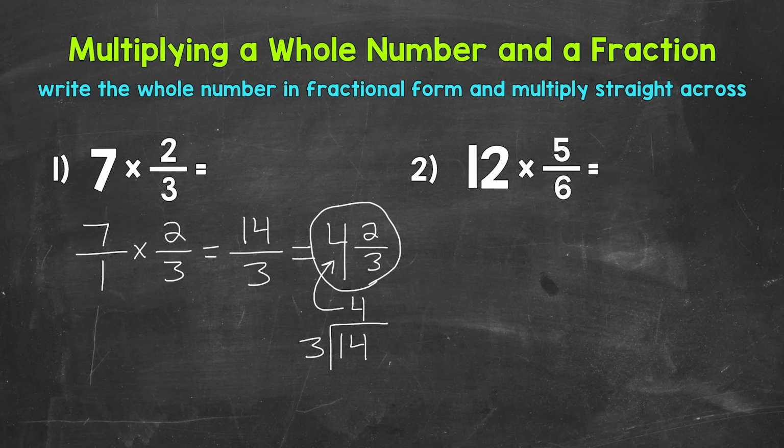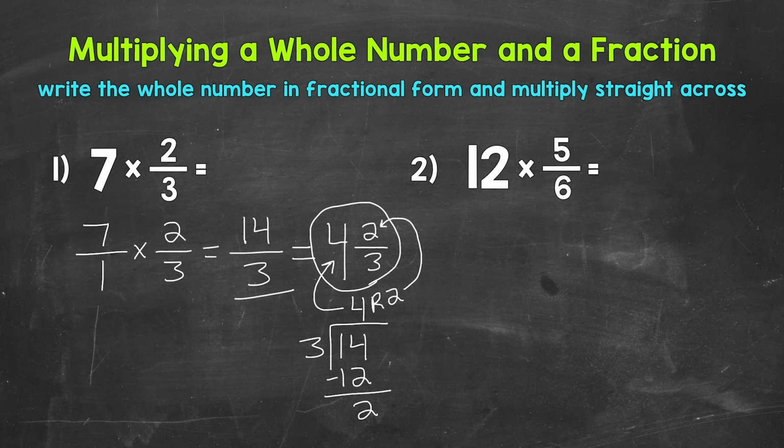That's the whole number portion of our mixed number. 4 times 3 is 12. Subtract 14 minus 12 gives us 2. So a remainder of 2. That's the numerator of our fractional part of the mixed number. And then we keep the denominator of 3 the same. So 4 and 2/3.